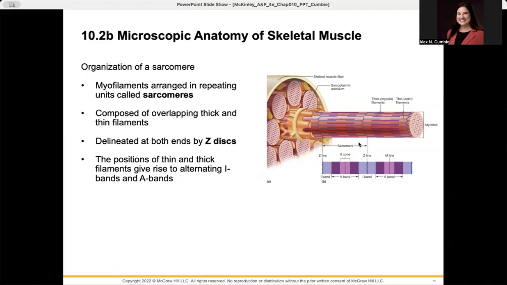So Z disc right here, Z disc right here, or you could call it a Z line as well, up to you. That's going to separate each individual sarcomere that we have present. And we have, again, hundreds, if not thousands of sarcomeres in each kind of myofibril, right, which is one of the main structures inside our muscle fiber.